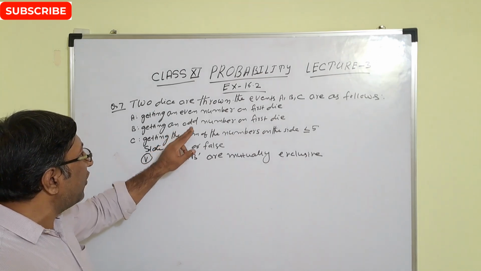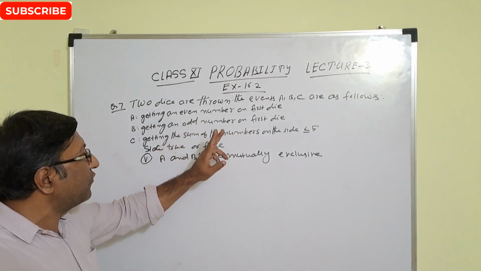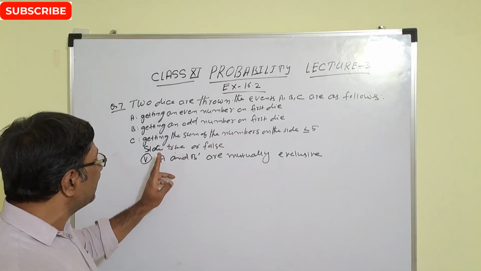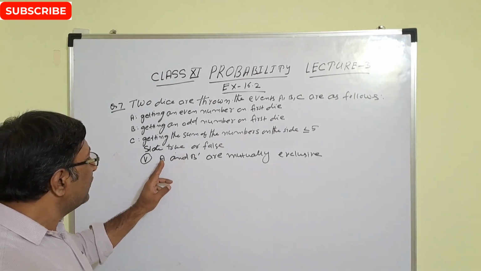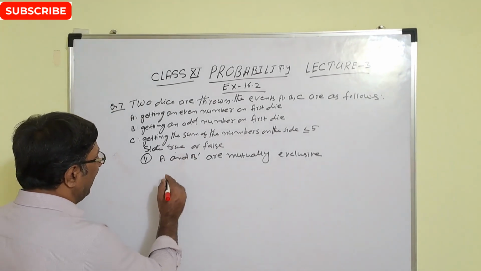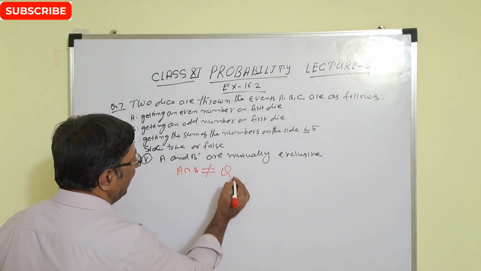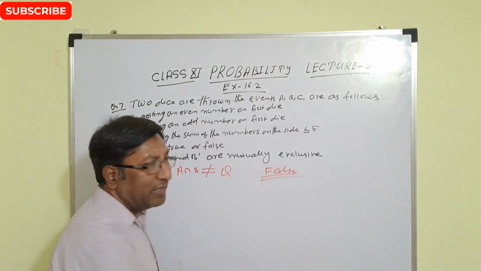B is getting an odd number on the first die. So B dash means not an odd number on the first die. That means an even number on the first die. So B dash is just equal to A. So the intersection is not empty. So A intersection B dash is not empty. So this is not mutually exclusive. This statement is false.